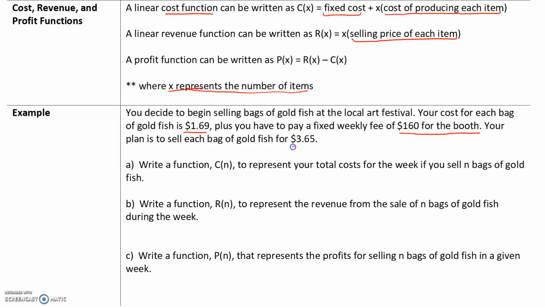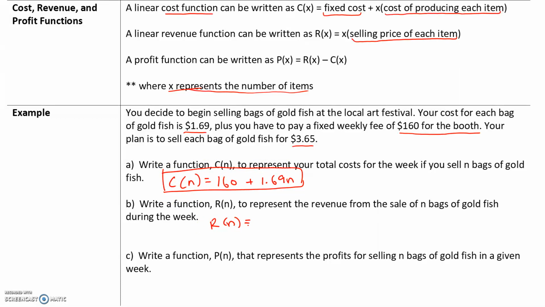So you plan to sell the goldfish for $3.65. Okay, part A. Write a cost function. So what does our cost look like? We have to pay for the booth, which is the $160. That's a fixed cost for the week. Doesn't matter if you show up or don't show up, you have to pay the $160. But for each bag of goldfish you sell, we have to pay $1.69. So this is our cost function.